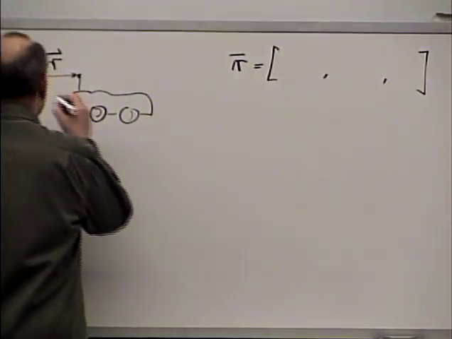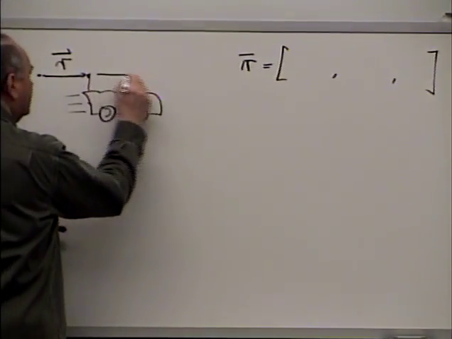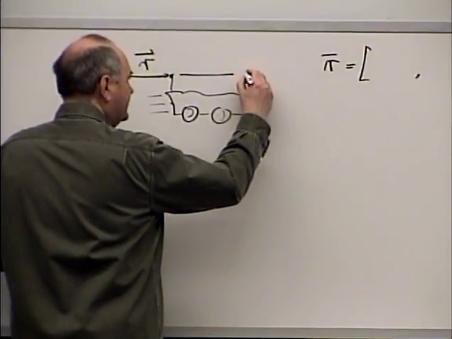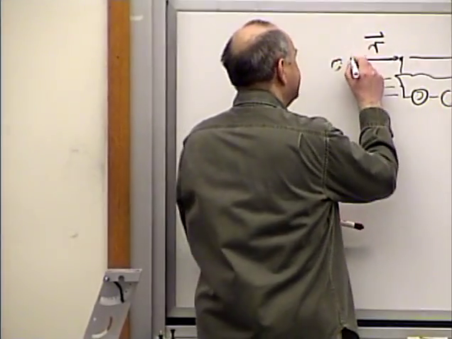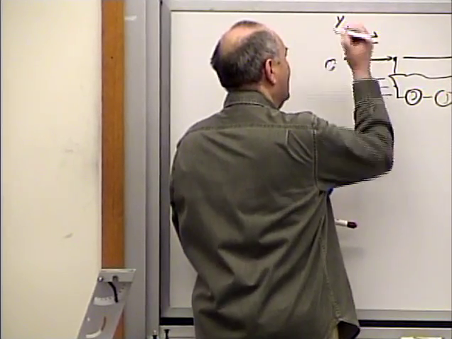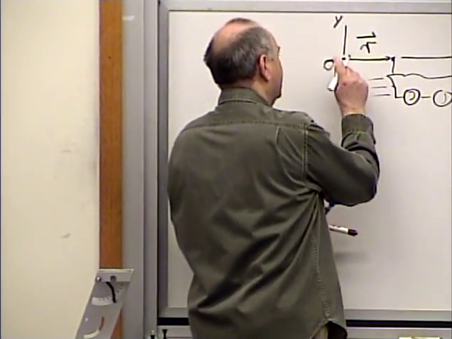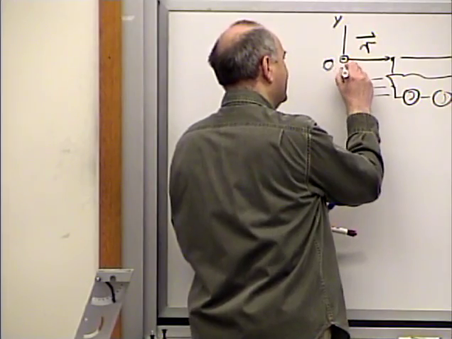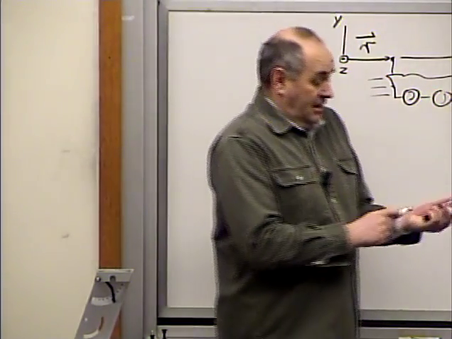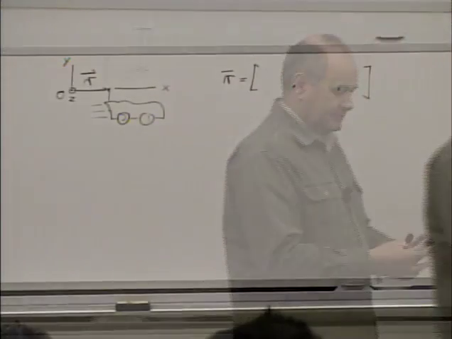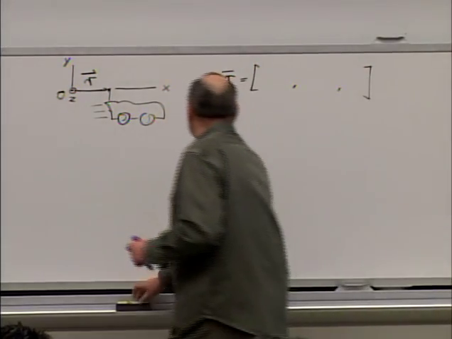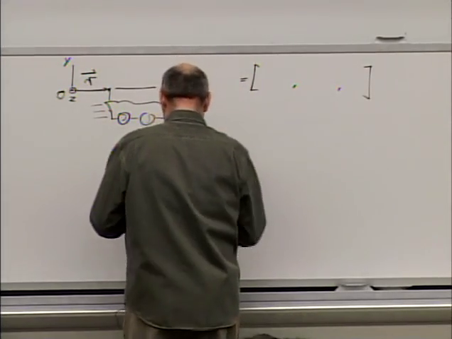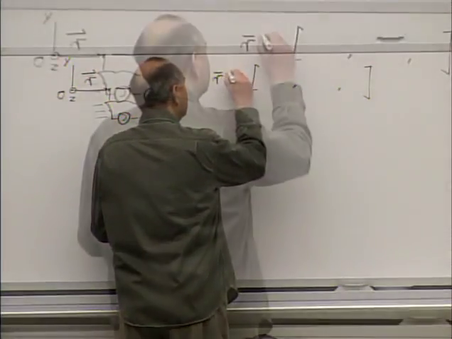So how about if I think about it? Yes, I will choose vector i in this direction. So this will be the direction of the x-axis. Up will be the y-axis, and the z-axis toward us. Indeed this was a smart choice, because I can quickly say where the particle is at an arbitrary instant.